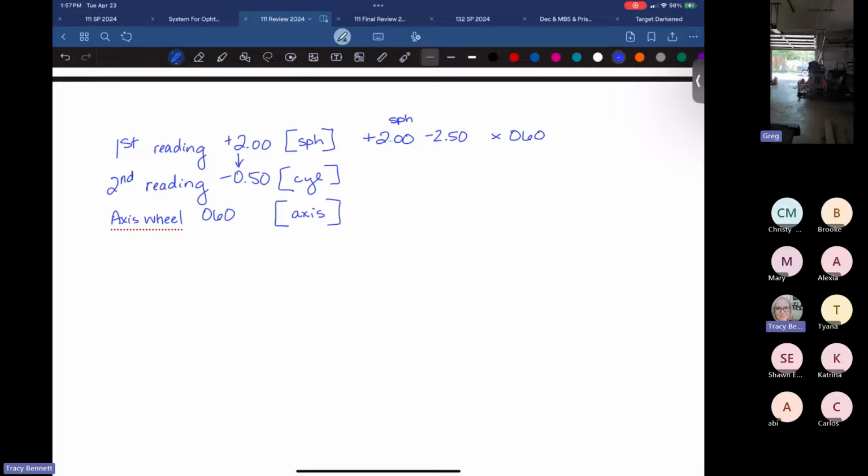You might also see it as sphere lines focus. That kind of means the same thing. If the sphere lines focus at +.50 and the cylinder lines focus at -1 and the axis wheel reads 90, what's the prescription?